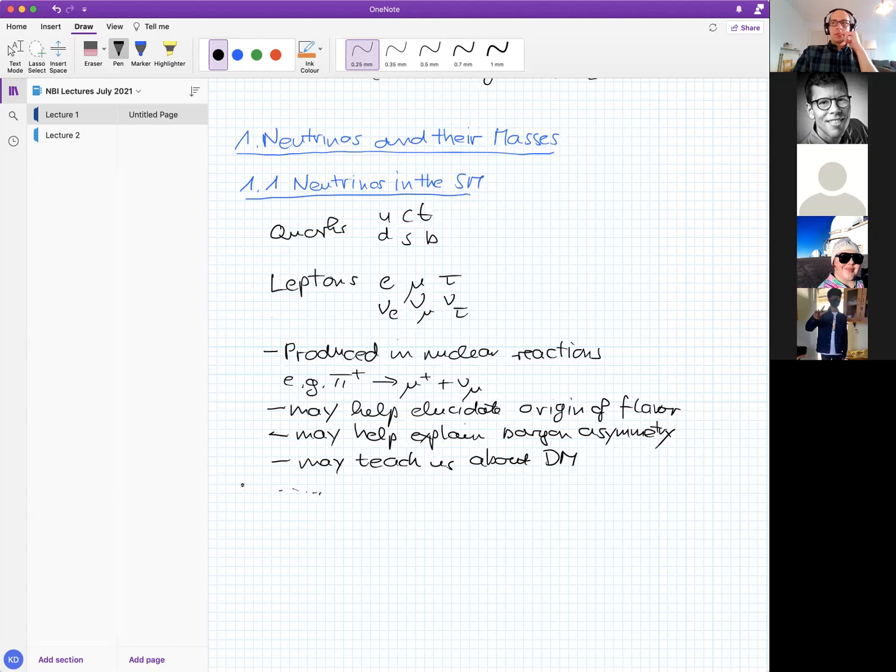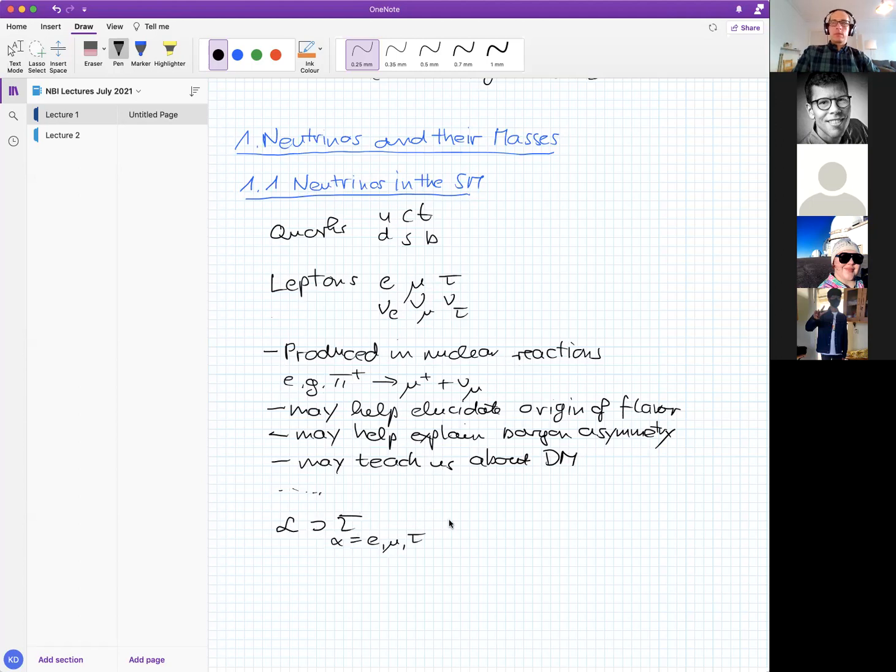Now, formally, the relevant part to neutrino physics of the Lagrangian of the standard model has this structure. There is a sum over the 3 neutrino flavors, alpha equal e, mu, tau. So we conventionally use Greek indices to denote neutrino flavors.